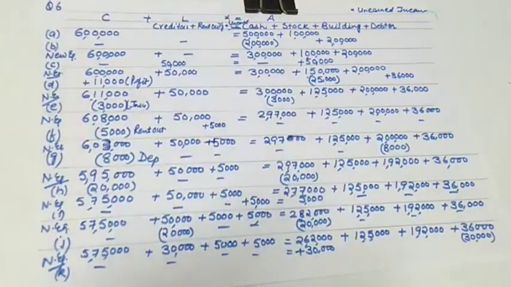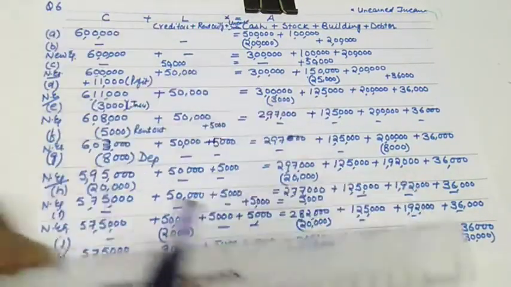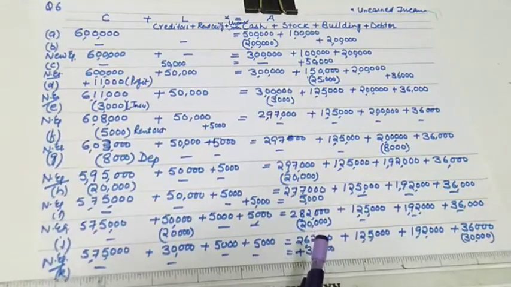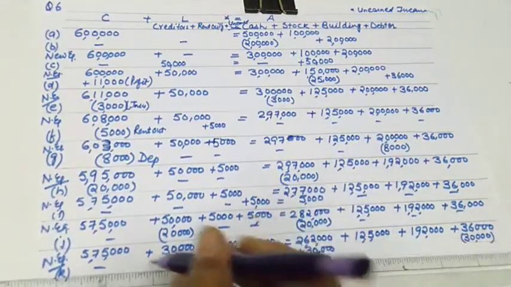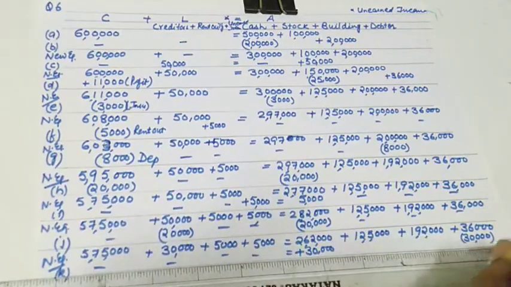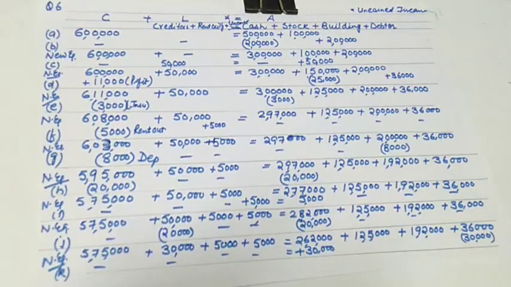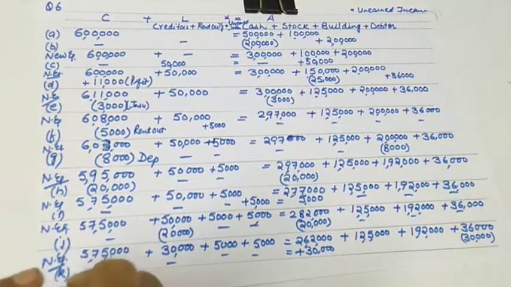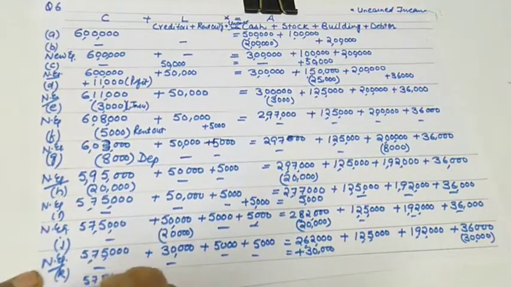30,000. So let us see the impact of this last transaction on the accounting equation. This is 575.